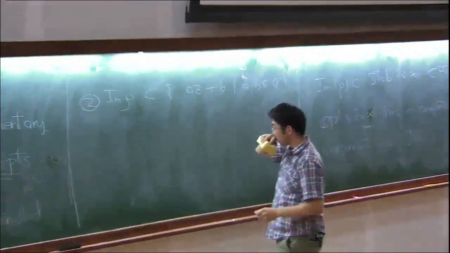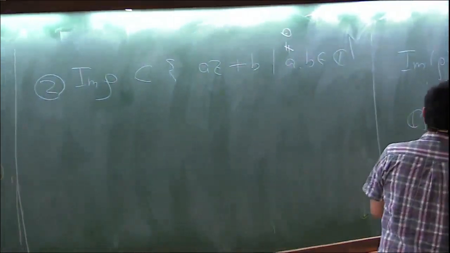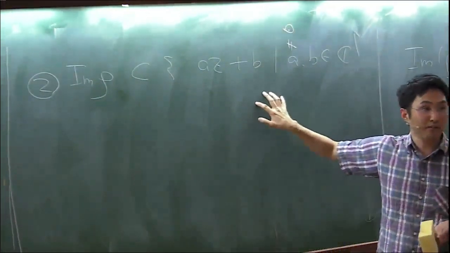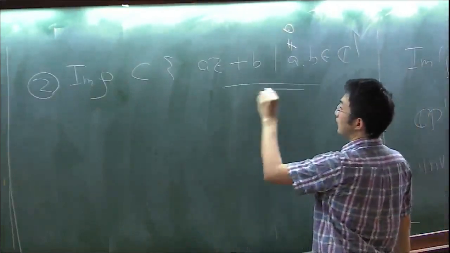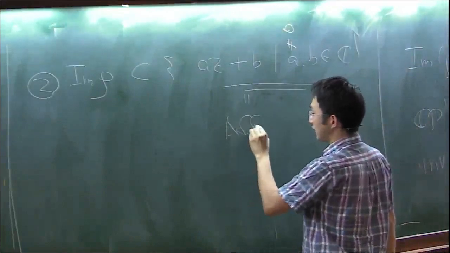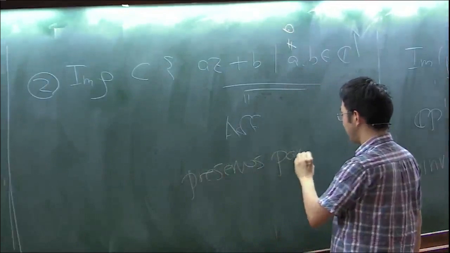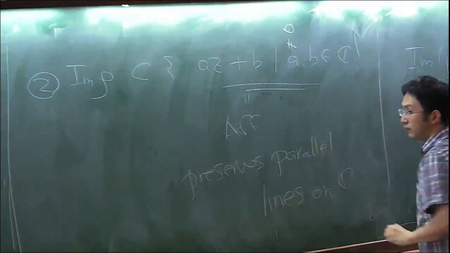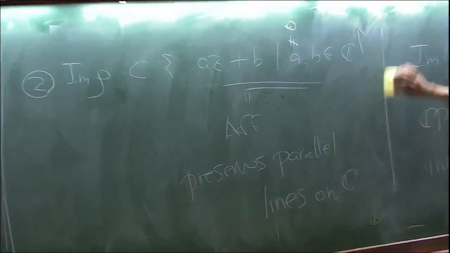And then we can do something similar to the first case. However, there's no invariant metric on the complex plane preserved by these affine maps. But the point is that this set of affine transformations preserves parallel lines on the complex plane. Straight lines stay parallel under these transformations.